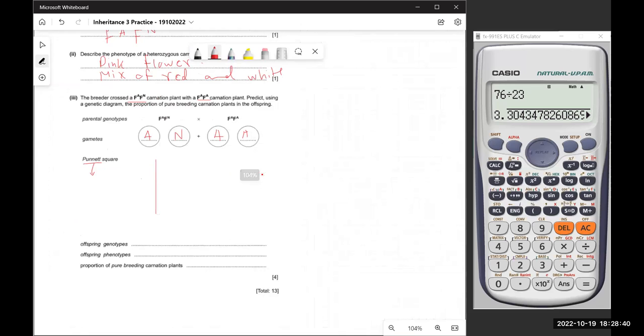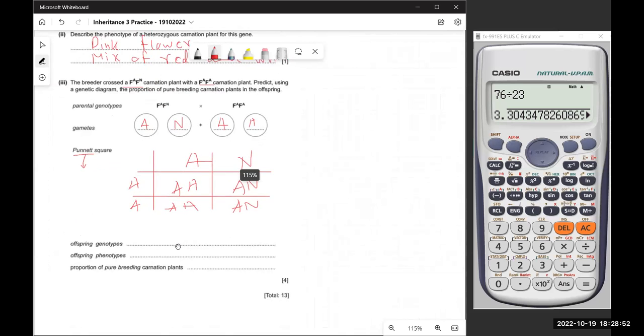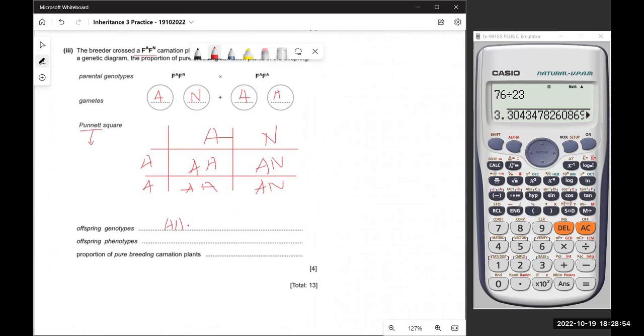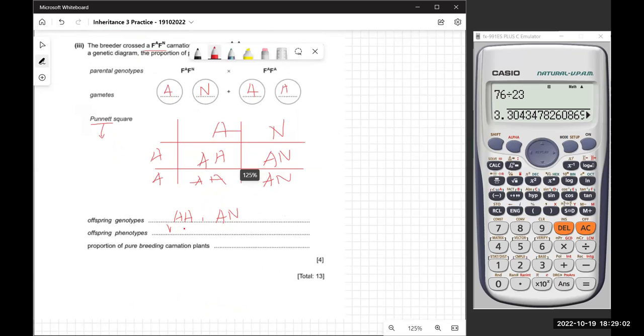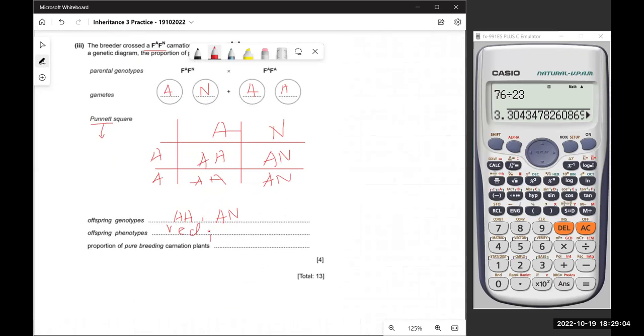So we'll just make this diagram right here. AN, AA. We'll get AA, AA, and AN, AN. Offspring genotypes are AA and AN. Phenotypes: AA must be red and AN must be pink because it's a mixture of both.